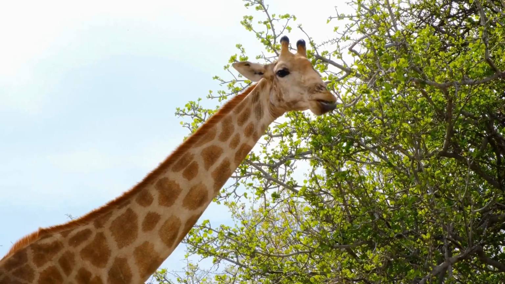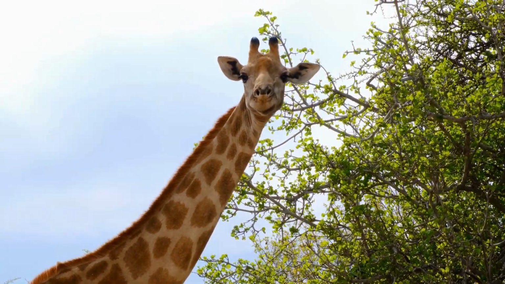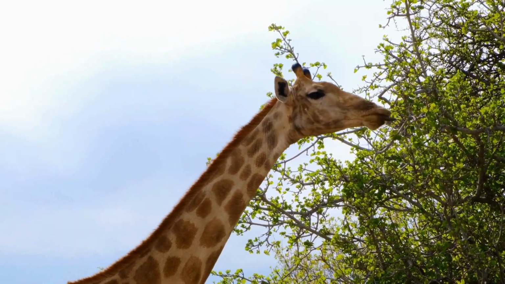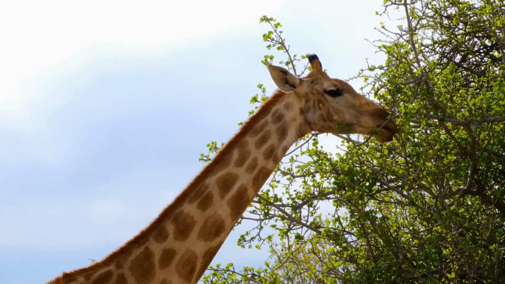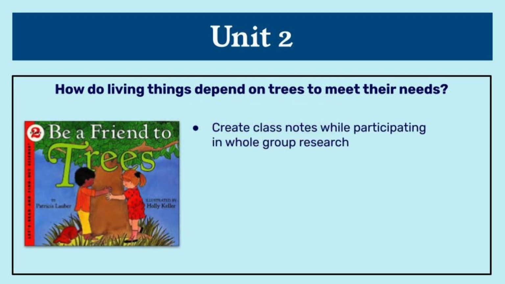Moving on to Unit 2, we zoom in on the needs of animals and how trees are supporters in helping meet those needs. Using the text, Be a Friend to Trees, students will begin to investigate how trees provide food for both animals and people. They will explore the big question, how do living things depend on trees to meet their needs?